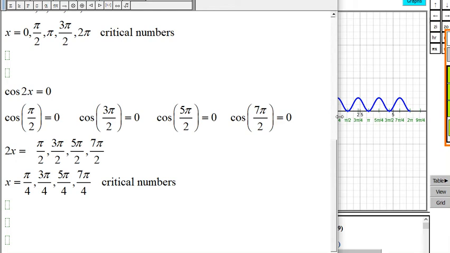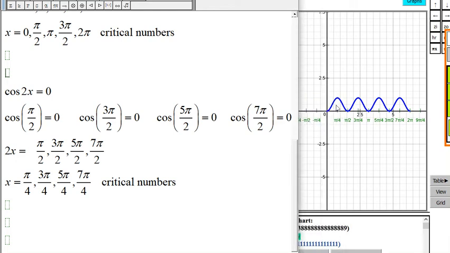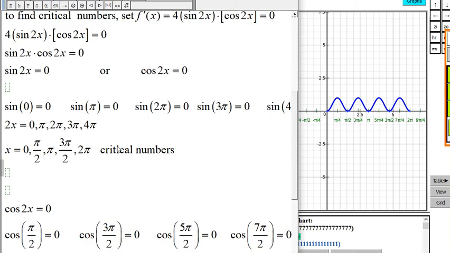So we have many critical numbers. And the reason there are many critical numbers is because we can see that there are many intervals where the graph is decreasing and where it's increasing. And so let's write this down.